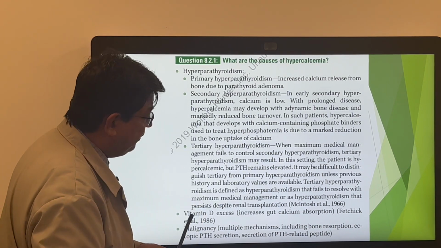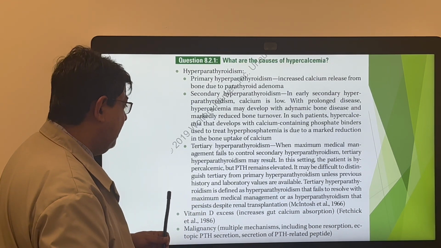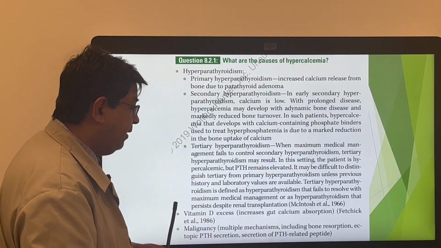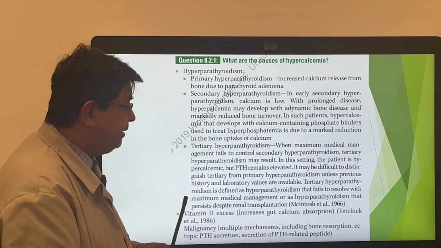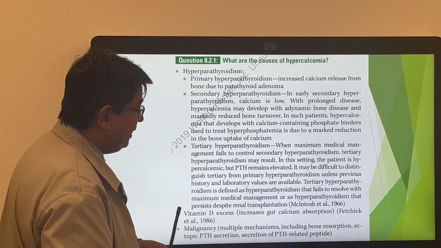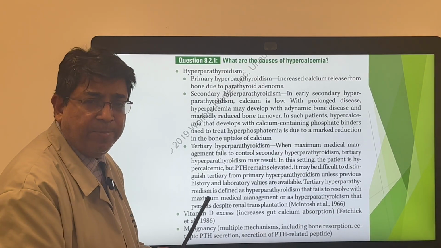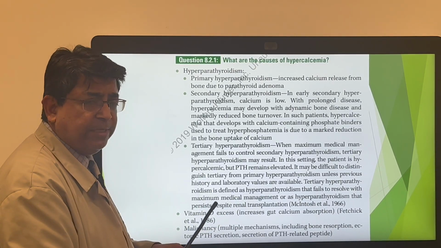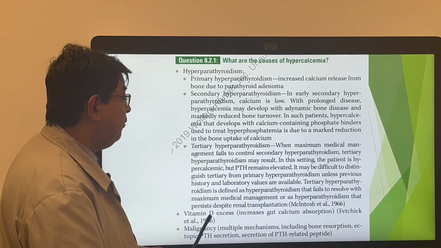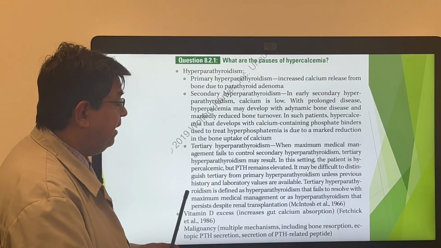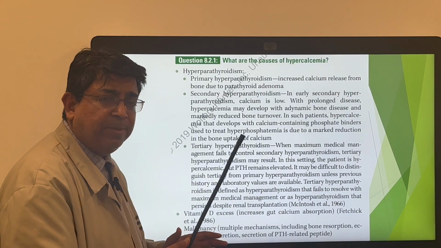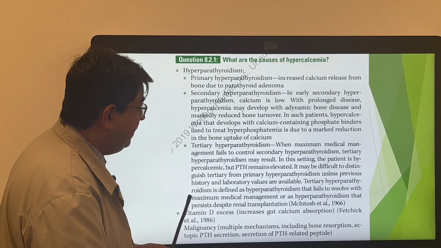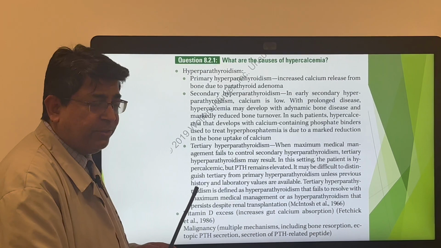Tertiary hyperparathyroidism is defined as hyperparathyroidism that fails to resolve with maximum medical management, or hyperparathyroidism that persists despite renal transplantation. In tertiary hyperparathyroidism, basically you've had secondary hyperparathyroidism for such a long time that the parathyroids become autonomous, and even after calcitriol and calcium supplementation and treatment of secondary hyperparathyroidism, the hyperparathyroidism fails to resolve.